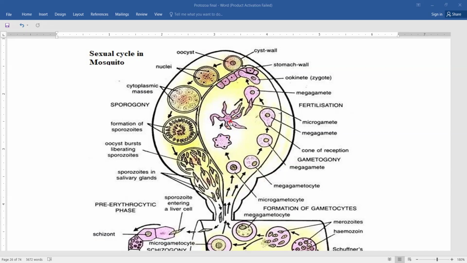microgametocyte by a process called exflagellation. So in that way, from a single microgametocyte, almost 8 to 10 male gametes are produced by a process called exflagellation.